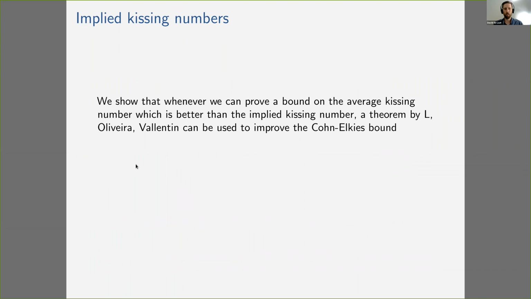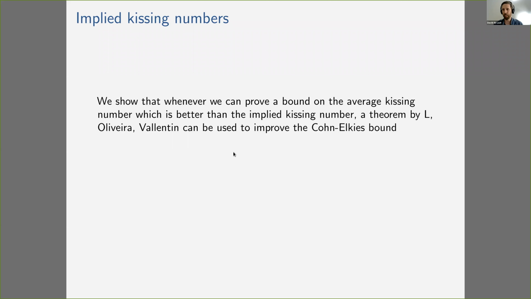Okay, so with these implied kissing numbers, we also show that in a paper together with Olivier and Valentin, we showed that you can sometimes improve on the Cohn-Elkies bound if you have a bound on the average kissing number.